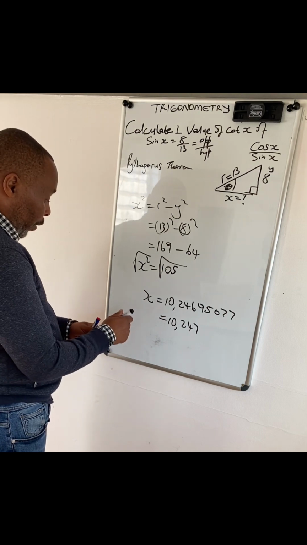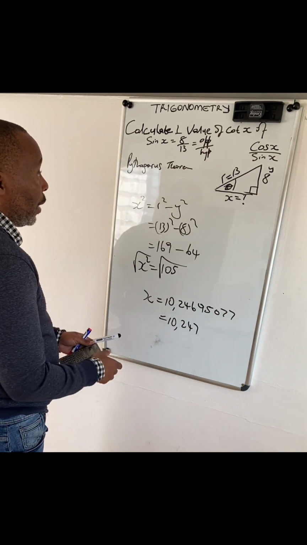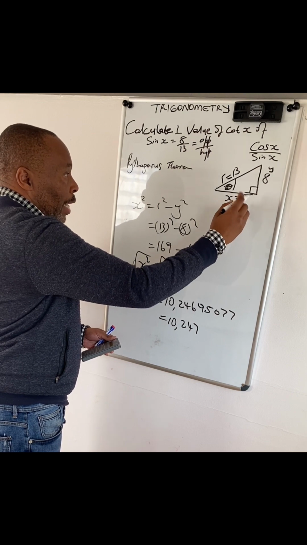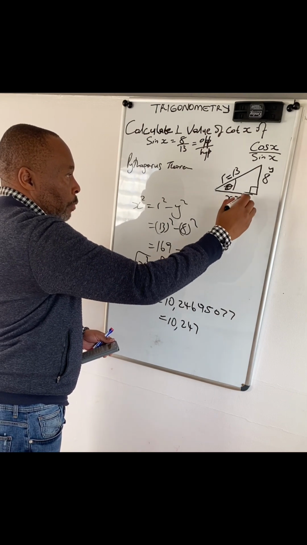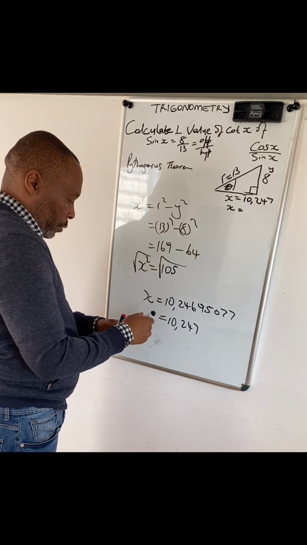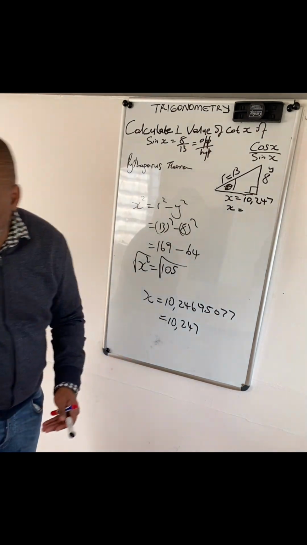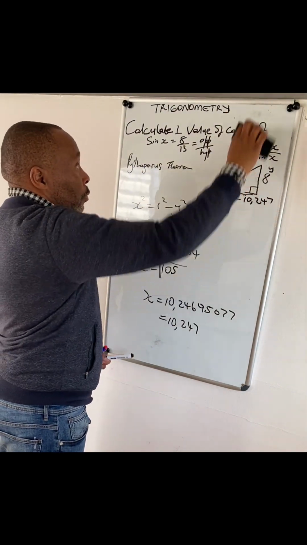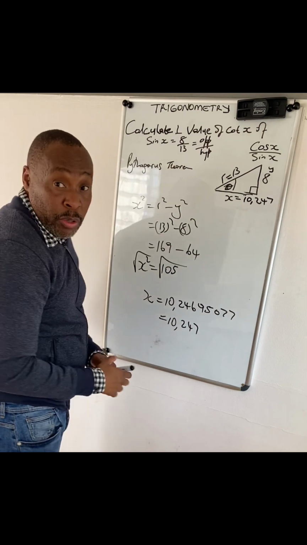This is our x value. Now that we've found the x value, we use it here. X is no longer unknown, now it's 10.247. We have now found our x value using Pythagoras.